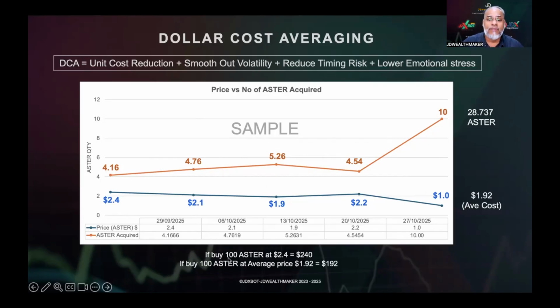Now, if you buy ASTER at $2.40, let's say you have $100 and you buy in one shot, you're going to pay $240. But if you do DCA, you would have only paid about $192. Can you see that? That's the beauty of having DCA in place, because your unit cost is reduced.